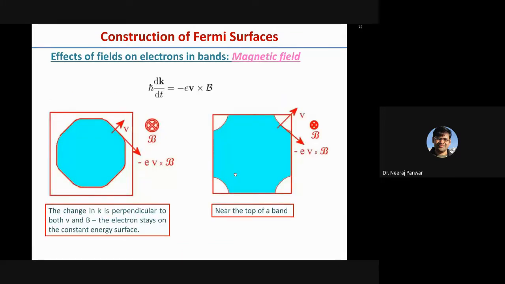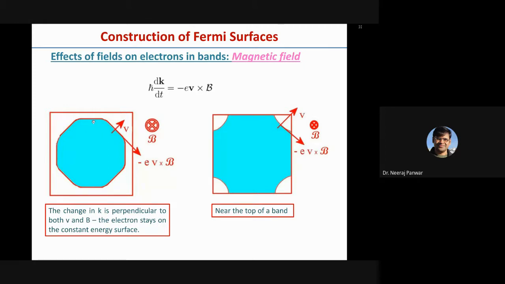The effect of magnetic field we can study simultaneously, and this is the equation of motion of a charge carrier under the influence of an electric field. We will derive this equation maybe today or in coming lectures. h cross dk over dt, the rate of change of wave vector of the electron, is equal to minus e v cross B. Now you see two opposite scenarios here.